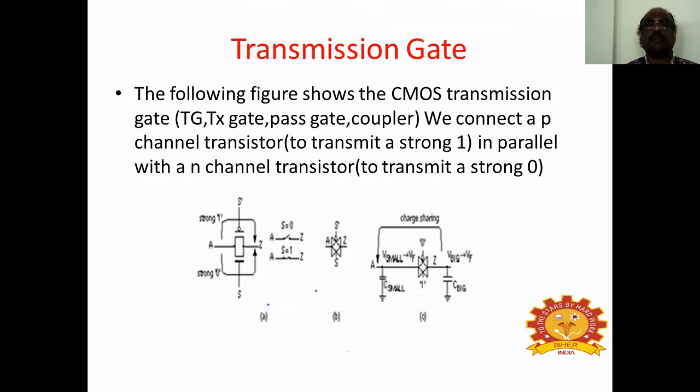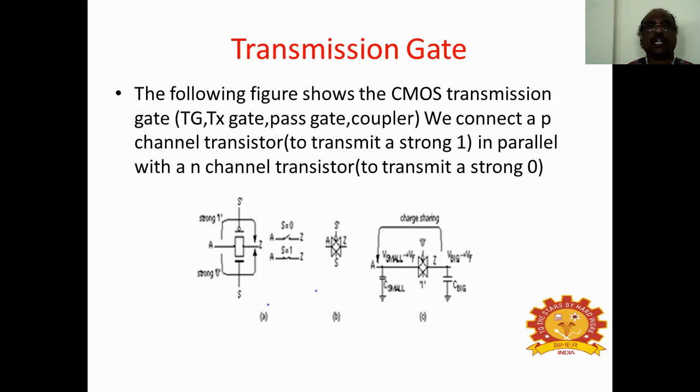Next, a very important one is the transmission gate logic. We show the TG, also called the pass gate or coupler. We connect a P-channel transistor to transmit a strong 1 in parallel with an N-channel transistor to transmit a strong 0.